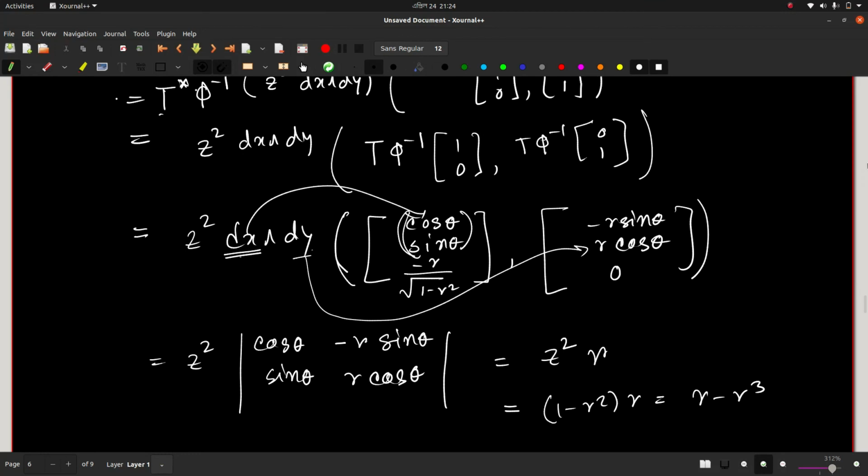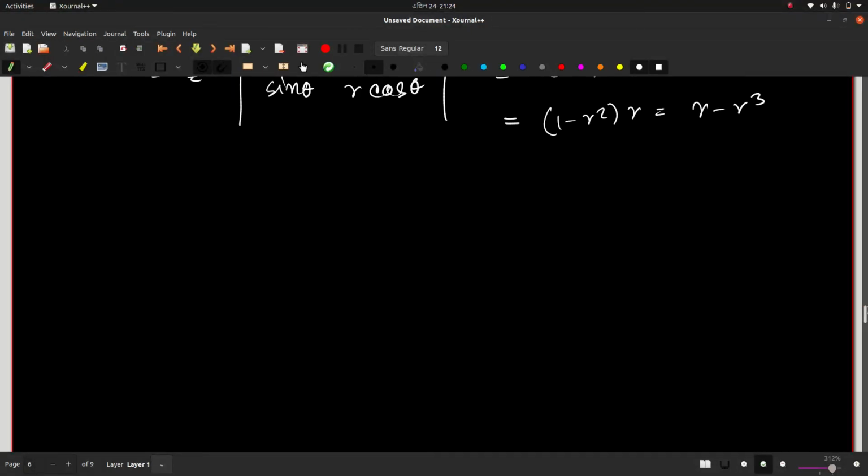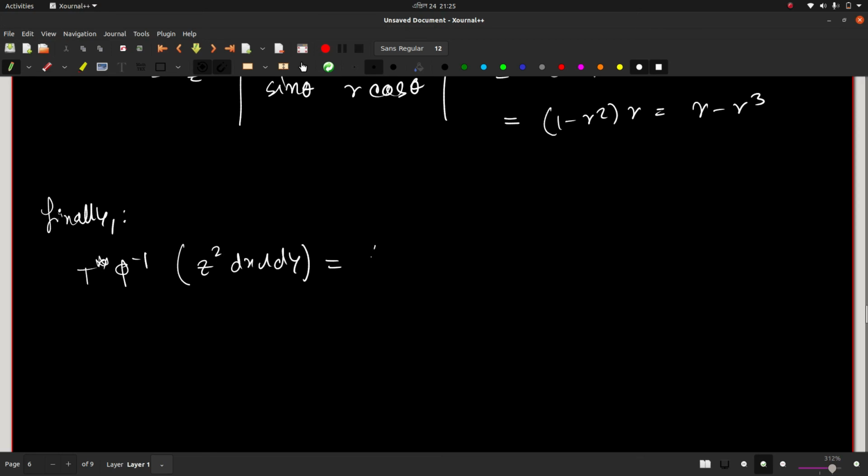And we are almost done. So finally, what we can write is that t star phi inverse 1 acting on z squared dx wedged with dy will just give me r minus r cube wedged with dr wedged with d theta.